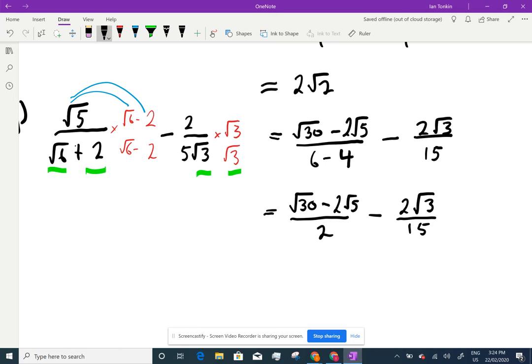Okay, so now I have to find a common denominator. And the common denominator is going to be 30. So I'm going to multiply this by 15, top and bottom. I'm going to multiply this by 2, top and bottom. So what do I get? 15 root 30 minus 30 root 5 all over 30.